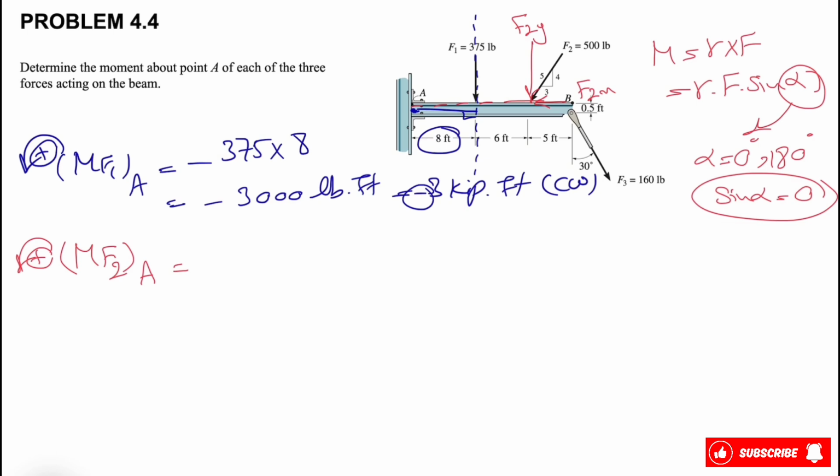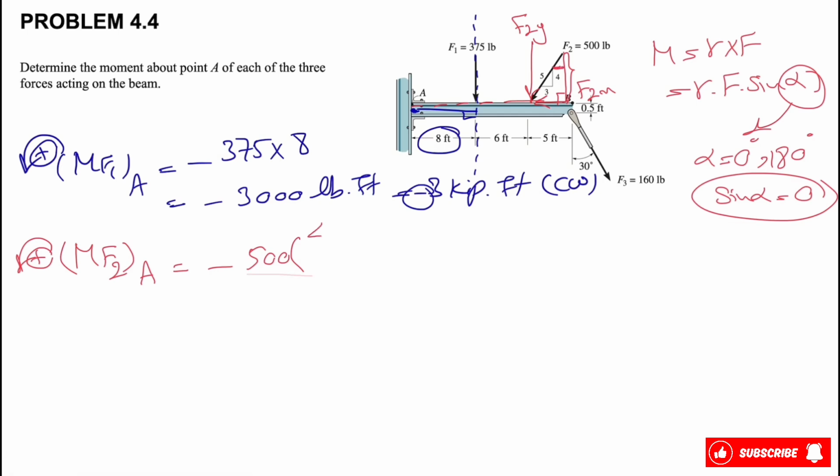But if you look at F2y, again, we have the same clockwise moment about point A. This time we have to find F2y, which, if we look at this right triangle here, will be 500, the hypotenuse, times the cosine of this angle, which is 4 divided by 5.